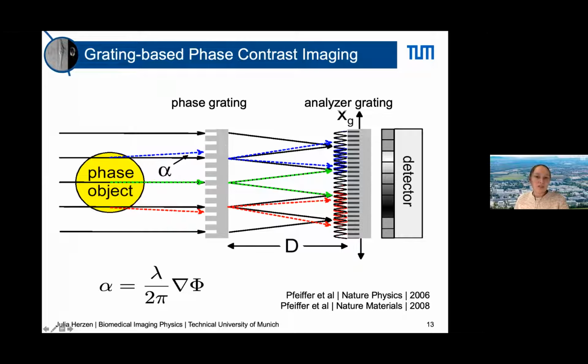And what this phase grating does is, when the X-rays, without any sample, go through it, they form, at a special distance d, due to the Talbot effect, a self-imaging effect, an interference pattern, which you can then analyze with and without the sample. This interference pattern is, of course, only formed when all these conditions are fulfilled, so the design energy fits.